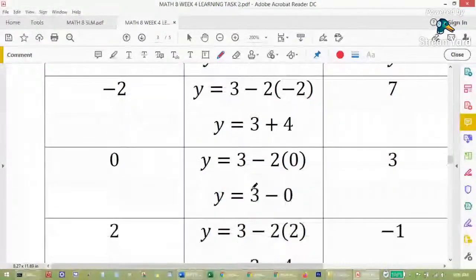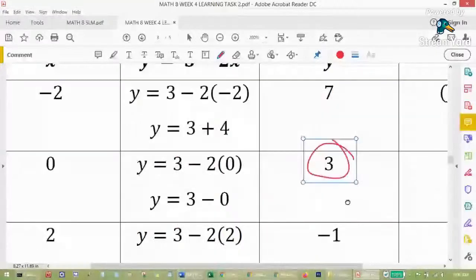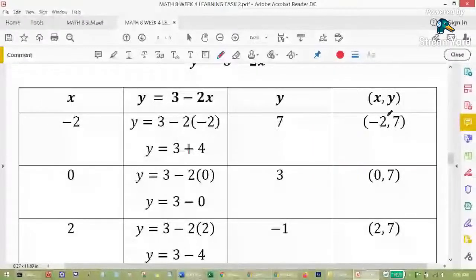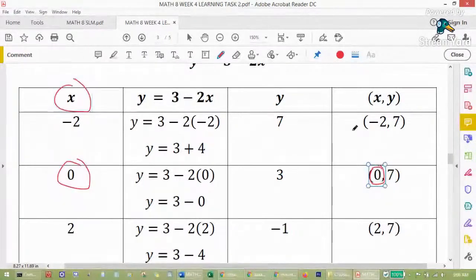Nagma-minus ka ng 0. 3 minus 0 is 3. So, therefore, ang coordinates dito is yung x is 0 and then y is positive 3.